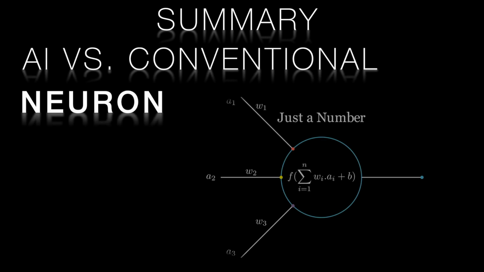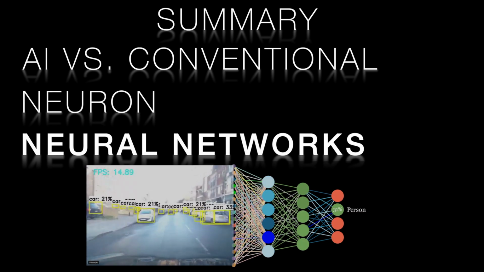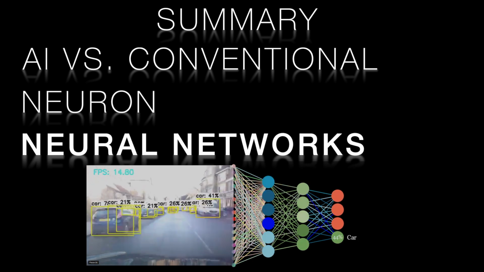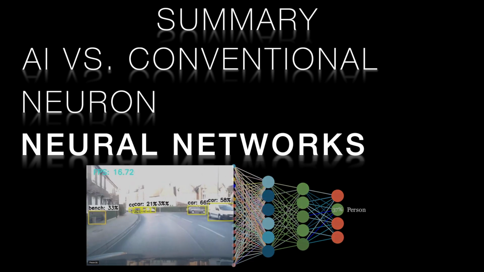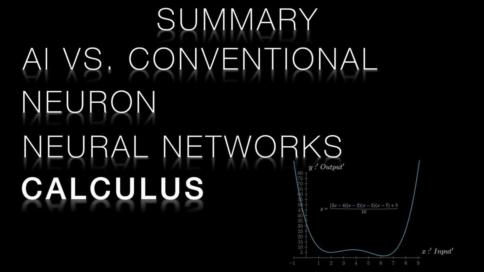A neuron is a simple unit modeled on a biological neuron. A series of inputs will generate its activation. If you connect enough neurons together, you can solve problems that you can't solve with conventional logic or if, then, else statements. We can use calculus to help us determine the correct weights and biases. More on this in the next couple of videos.